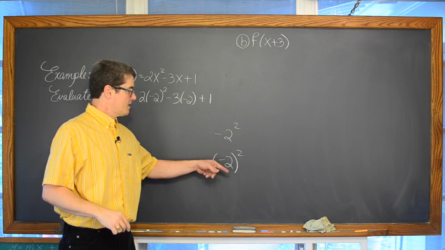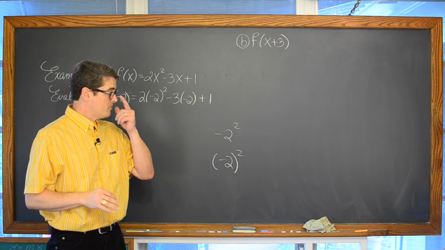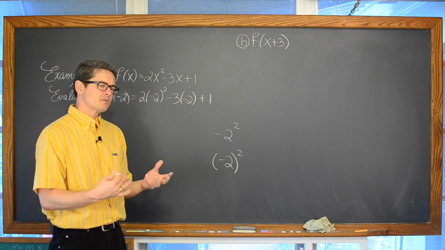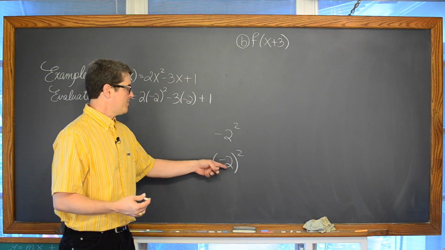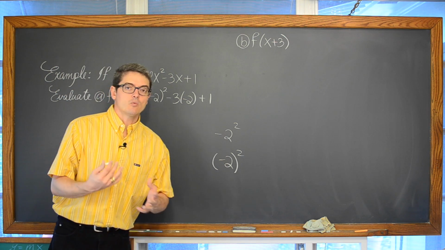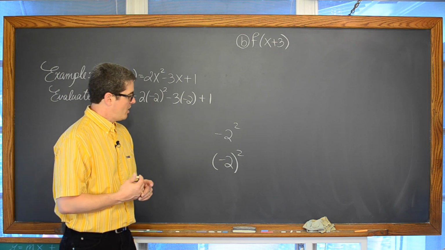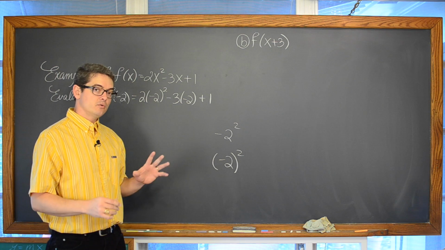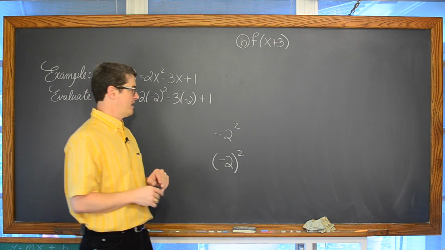Now this number is small enough, you could probably do it in your head. I hope so. And maybe if you did not include the parentheses or write them correctly, you would still get a correct answer. But if you had a complicated number like a decimal, and you were using a calculator to help you, the syntax does matter. You should understand that these two expressions do give you a different answer.